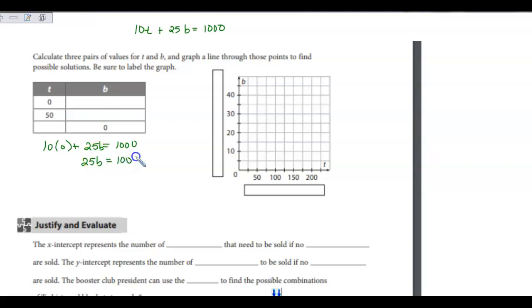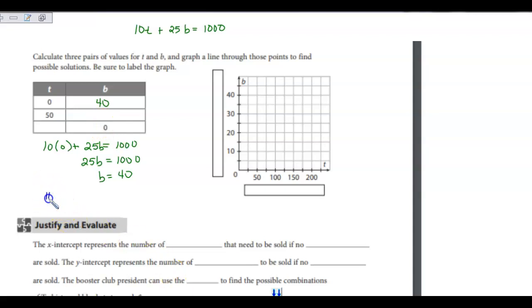And when I take 1,000 and divide it by 25, that's going to tell us how many blanket wraps we can sell. So 40. Okay, so there's one.